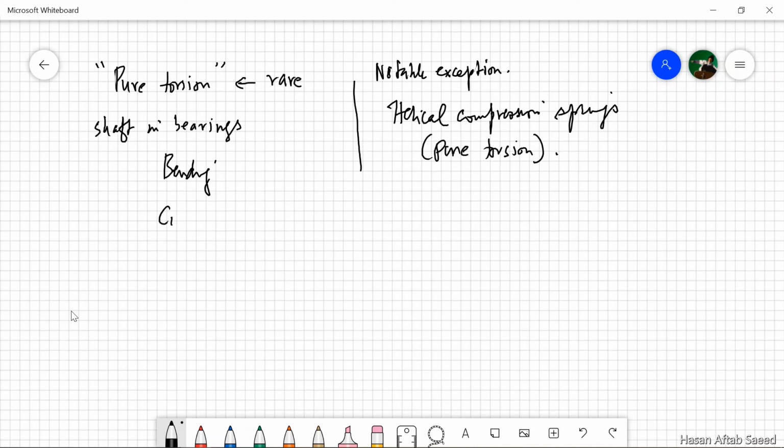When there is a combination, for example, axial, torsion, bending, axial plus torsion, or axial plus bending, or bending plus torsion, or all three of them, whenever there's a combination, then you won't do it as we have done this problem. This was for pure torsion.